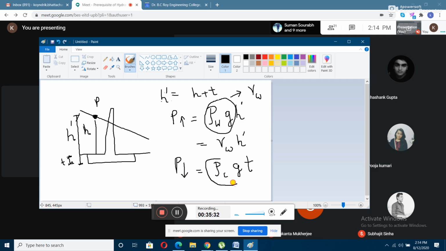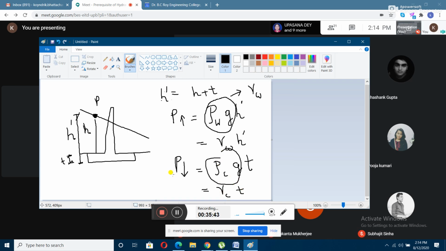So this part, similarly, is equal to rho c into t, that is concrete. Rho c you have denoted for the concrete part, okay, that is equal to t. So what is the value of rho c? We can replace it by G times rho w into t, that is the force acting downwards, okay.